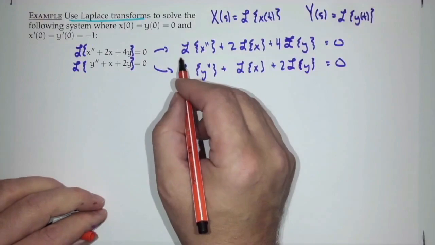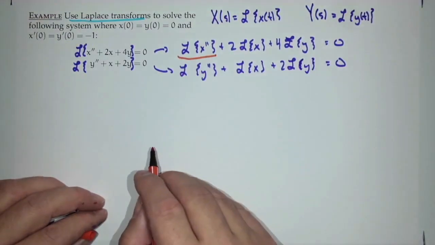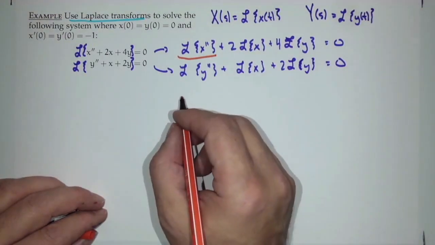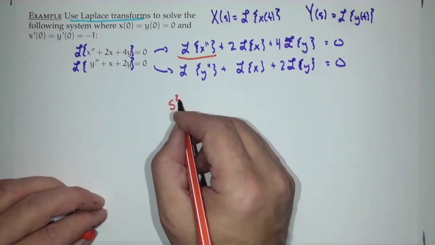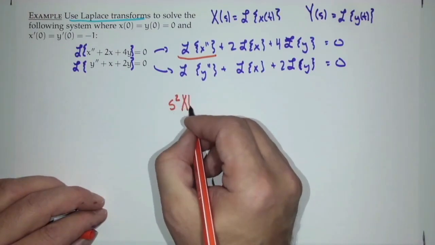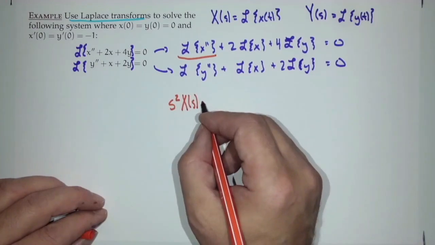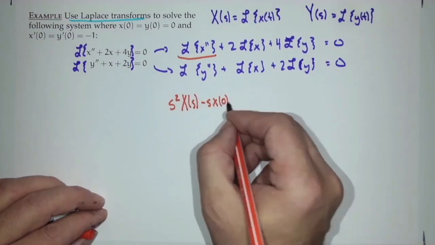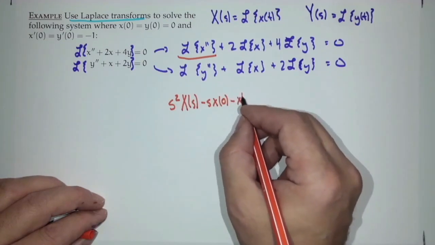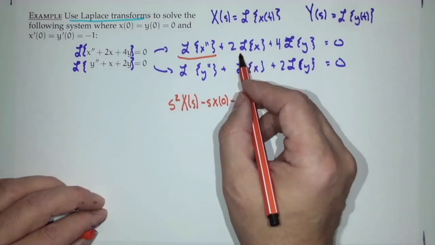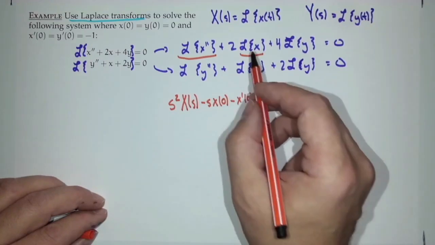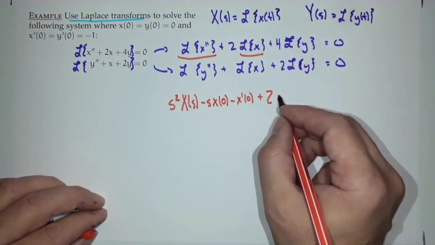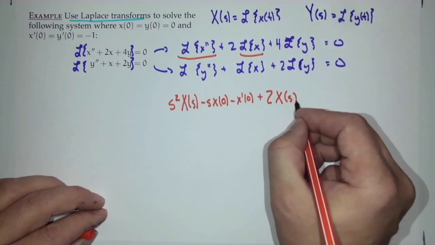Laplace transform of x double prime. What does that become? S squared x of s, good, minus s times x of 0 minus x prime of 0. The next piece is just straight up capital X of s.